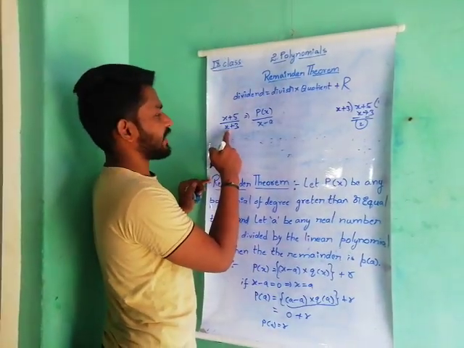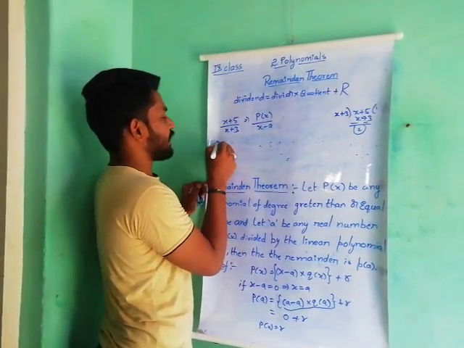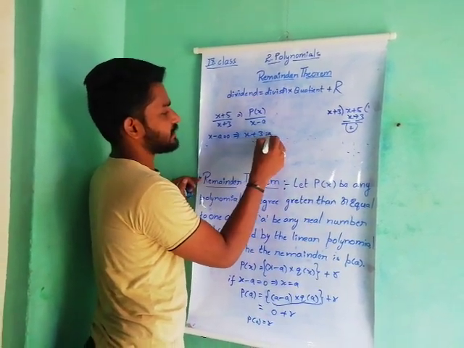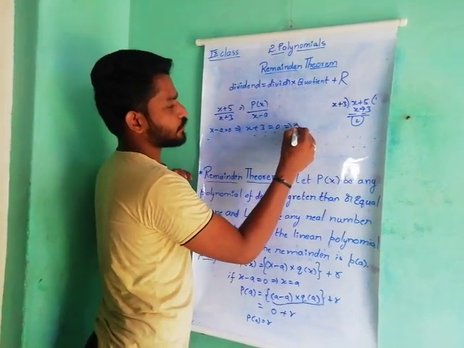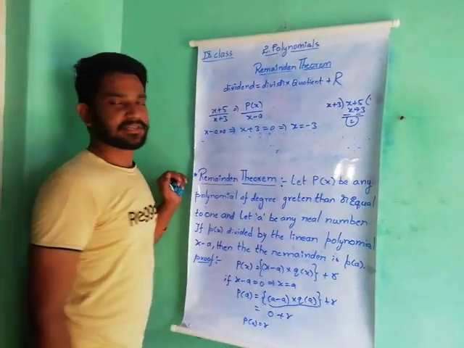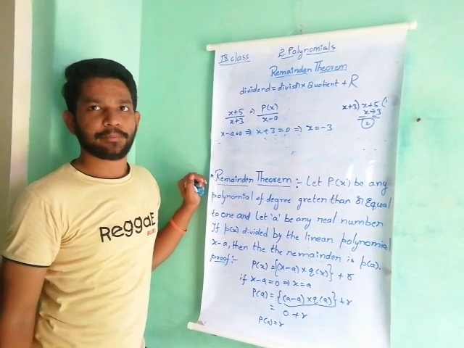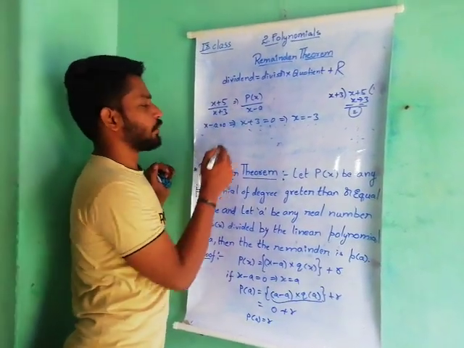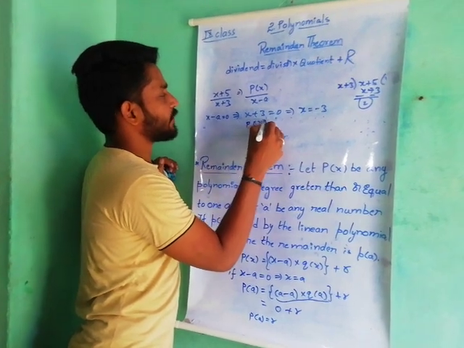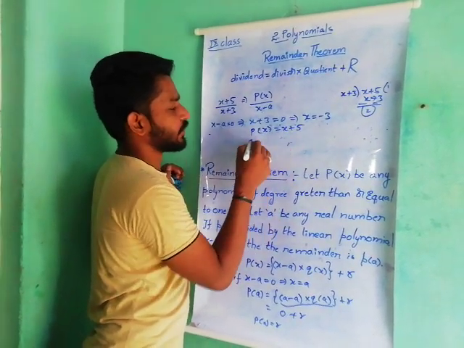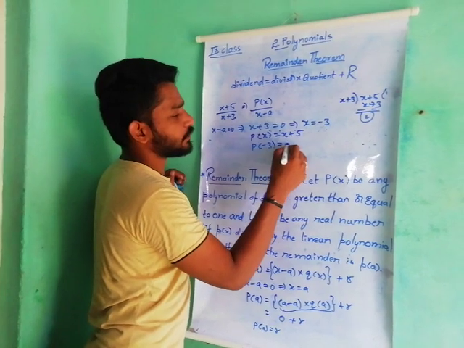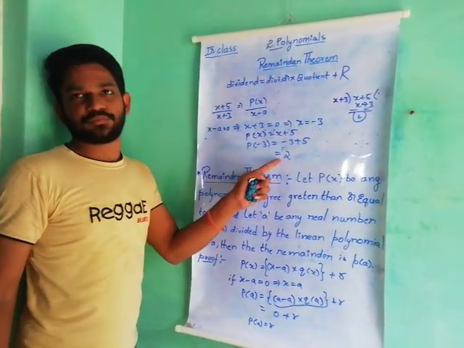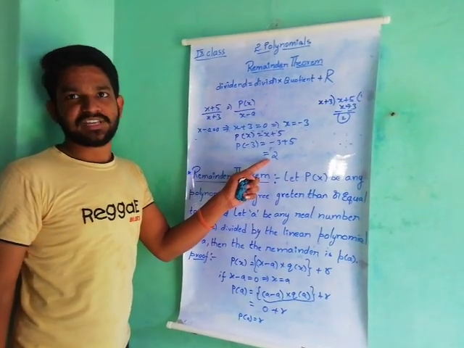Here the divisor is x plus 3. So x minus a is equal to 0, in the sense x plus 3 is equal to 0. So x is equal to minus 3. We replace x is equal to minus 3 in the given polynomial. Here our P of x is x plus 5, so P of minus 3 is equal to minus 3 plus 5. So what is that? 2. Yes or no? 2 is the remainder.